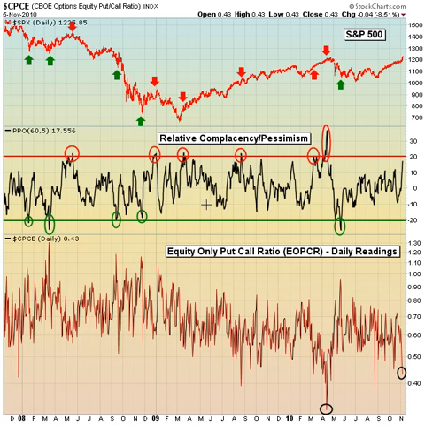Without going into a lot of detail, for purposes of this chart of the day, just know that when you hit the green line down around -20, that tends to be a buy signal, that things are getting too pessimistic in the near term. And the red line up here is when things start to get too complacent, and many times that will signal that the market is at or nearing a top.